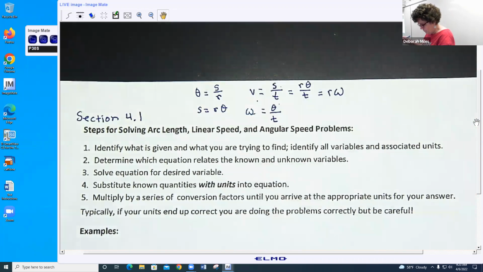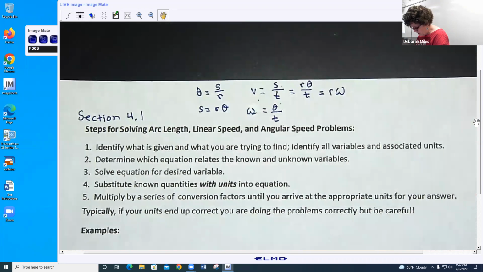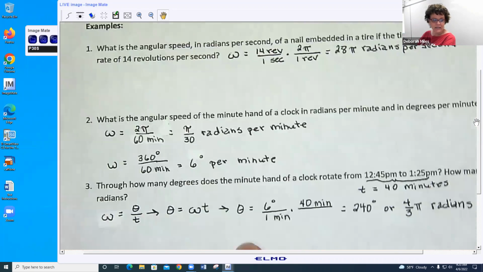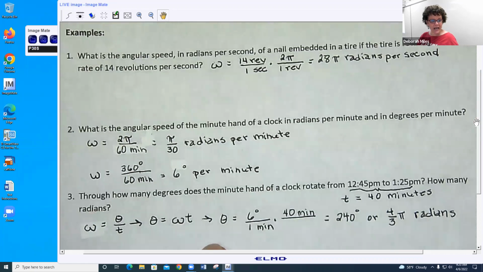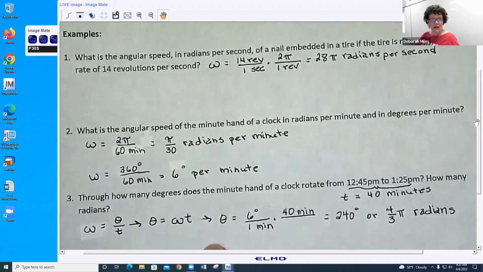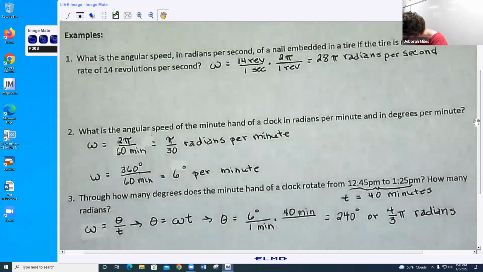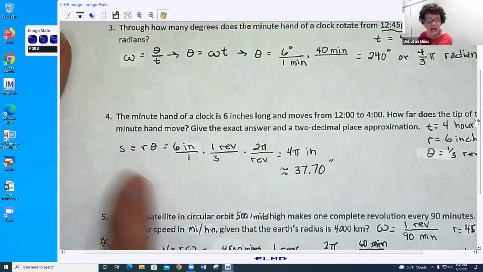Now, number 3 on this page is pretty much what the problem on part A was. Through how many degrees does the minute hand travel? No, it wasn't. We were looking for an arc length there. Yeah, it was like number 4.